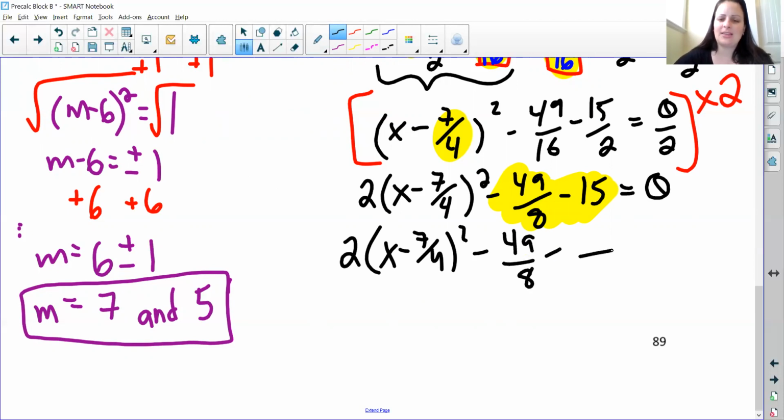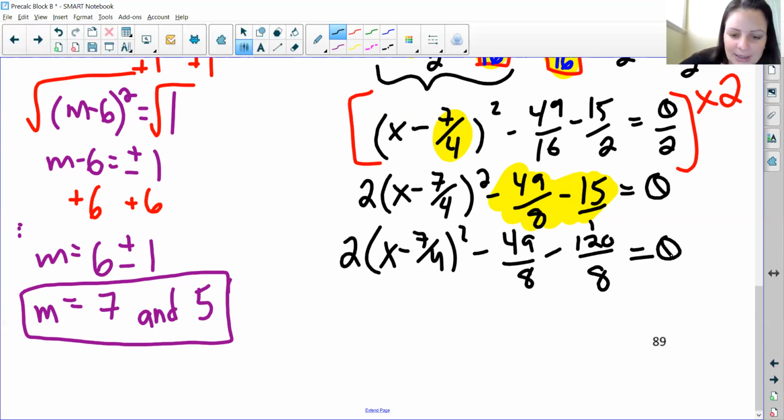And now I need to make this 15 to be over 8. So technically this 15 is 15 over 1. So I multiplied the bottom by 8 to make it a fraction out of 8, which means I have to multiply the top by 8. So 15 times 8 is 120. And it all equals 0.